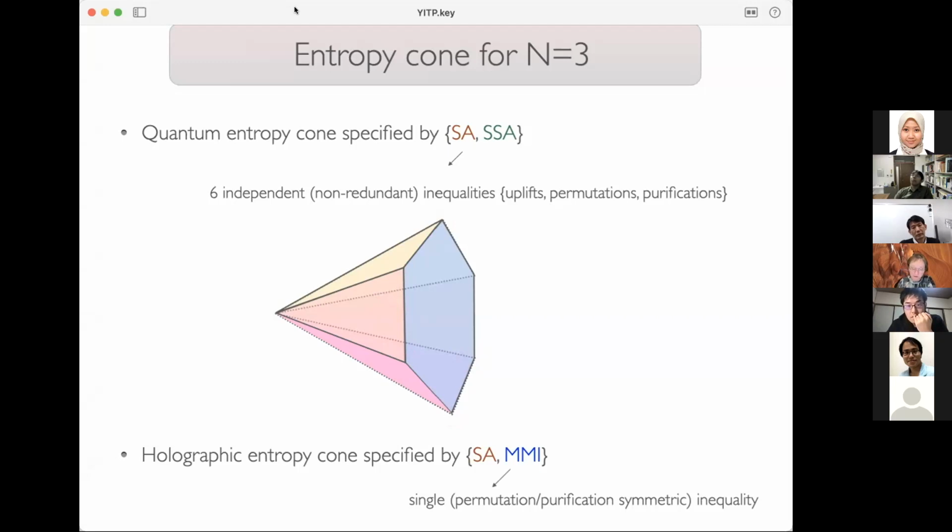You can take some positive combination of these, a general 4-party graph, let's say a combination of Bell pairs and perfect tensor, would be somewhere inside. And that itself also is not holographic. So just because the entropy vector is inside the cone doesn't mean that the state whose entropy vector we're computing is holographic.